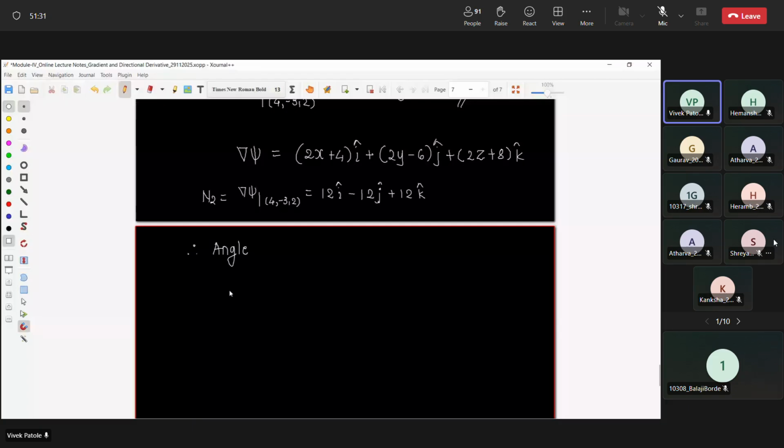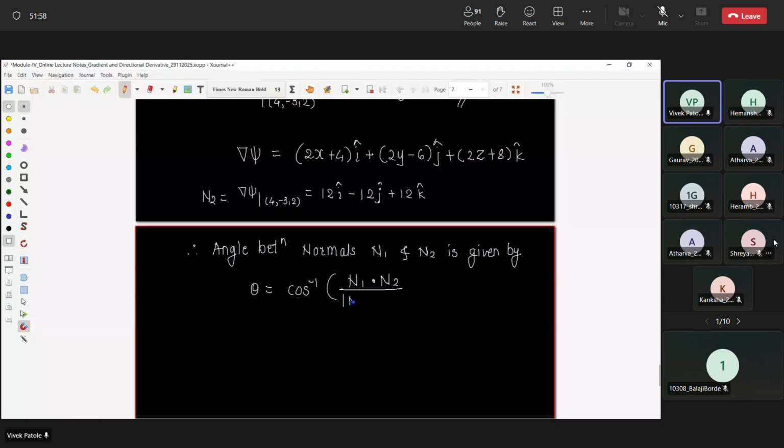So the angle between normals N1 and N2 is given by theta equal to cos inverse of (N1 dot N2) upon (mod N1 mod N2).